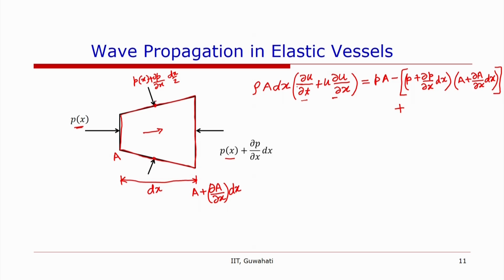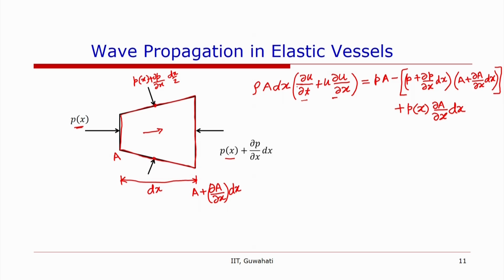So neglecting the higher order term, we will have this as Px into del A by del x into dx, the entire using these two. So now let us expand this and neglect the second order terms.